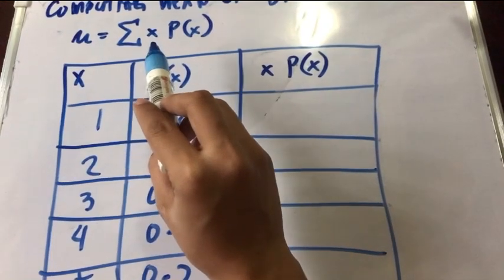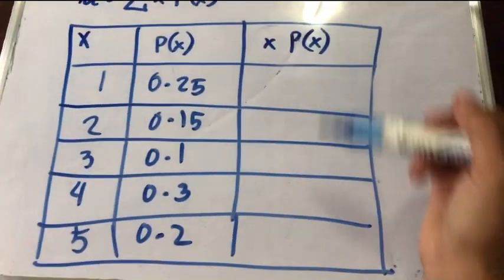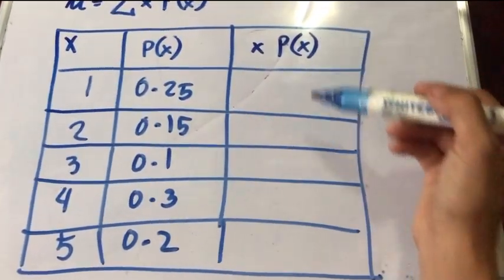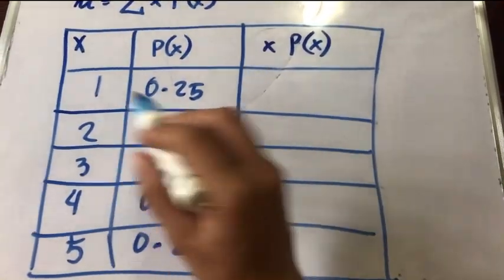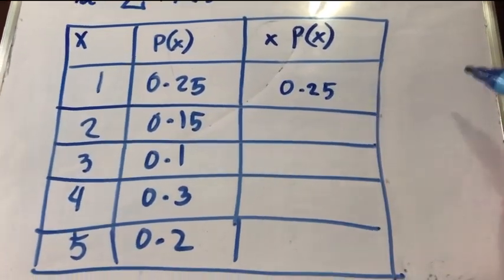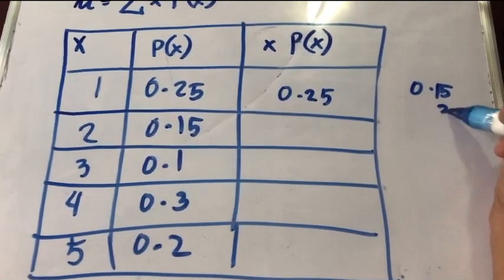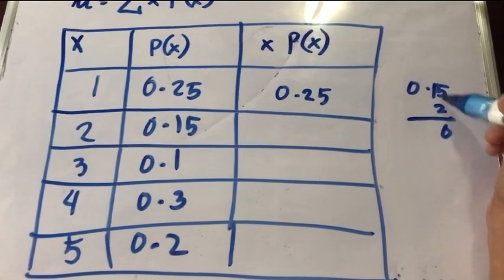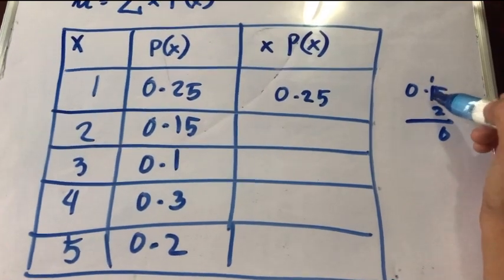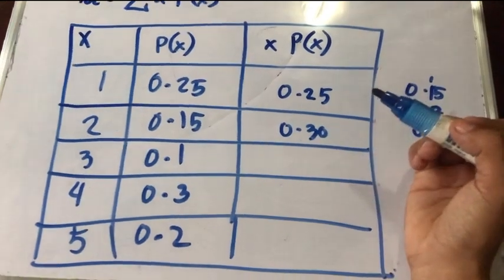each random variable multiplied by its corresponding probability. The first one, the second one, and the third column. 1 times 0.25, that is 0.25. So next one, 0.15 times 2, we have 5 times 2, that's 10, 3, 0, so we have here 0.30.